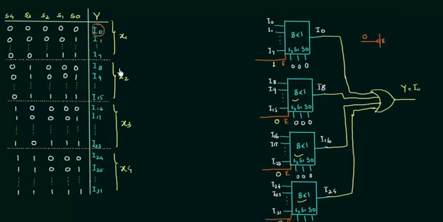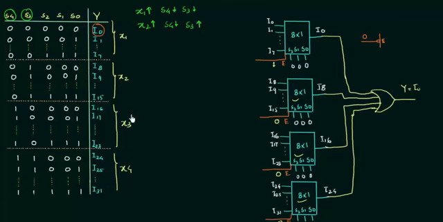Now the most important part of this lecture starts. When x1 is high, you can see S4 and S3 are low. In the same way, when x2 is high, S4 is low and S3 is high.